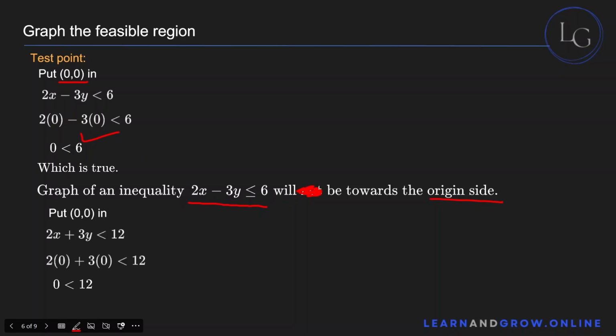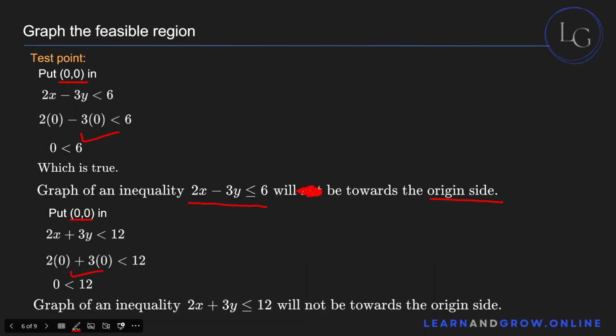So for the second equation, again plug in 0, 0, and 0 is less than 12, which is again true. So it will be towards the origin side, right? Both of the results of the test points are true.